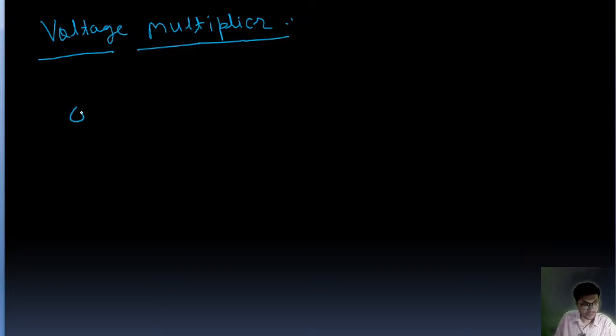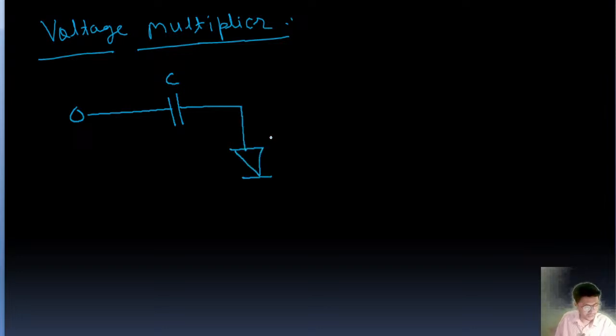Voltage multiplier. So we have this. We have capacitor C, and then we have one diode, D1.